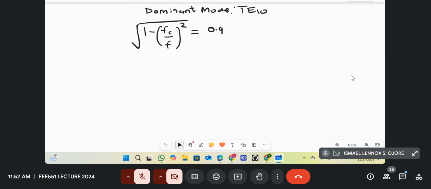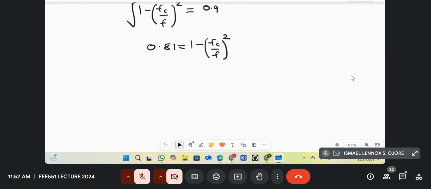Squaring both sides, we will have 0.81 equal to 1 minus fc over f squared. Rearranging this, fc over f squared equals 1 minus 0.81.